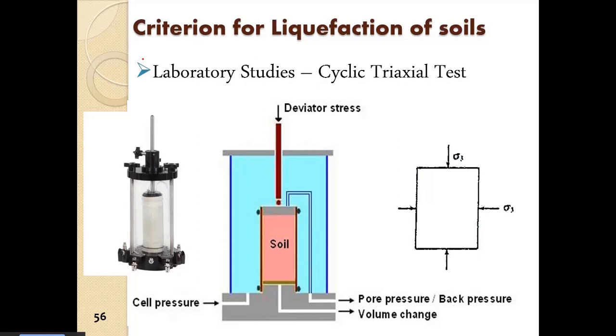Then we discussed the earliest criterion as given by Arthur Casagrande in 1936, based on the critical void ratio line. If a soil is in a state of void ratio above the critical void ratio line, then that soil has a contractive behavior when shear stress is applied.